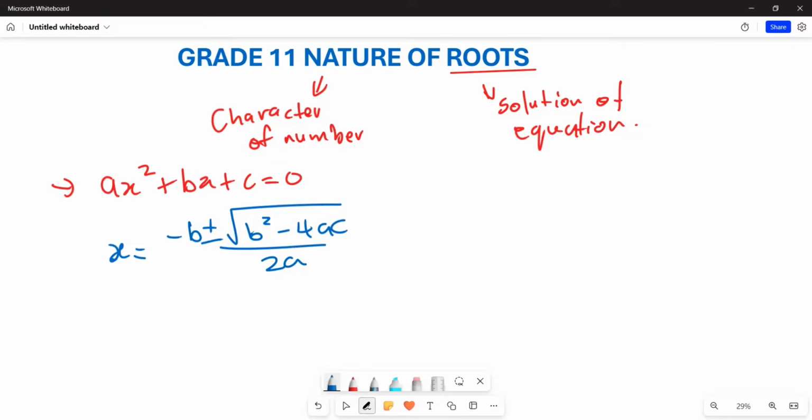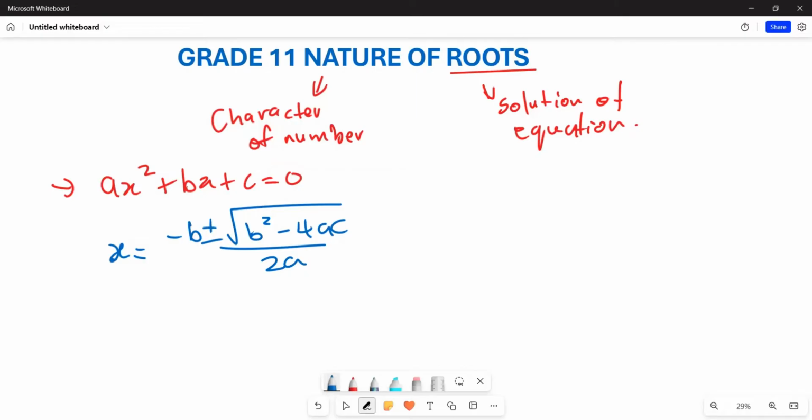And why are we saying that? It is important to take note of this. Remember, under nature of roots, we are going to be describing what we call the discriminant.